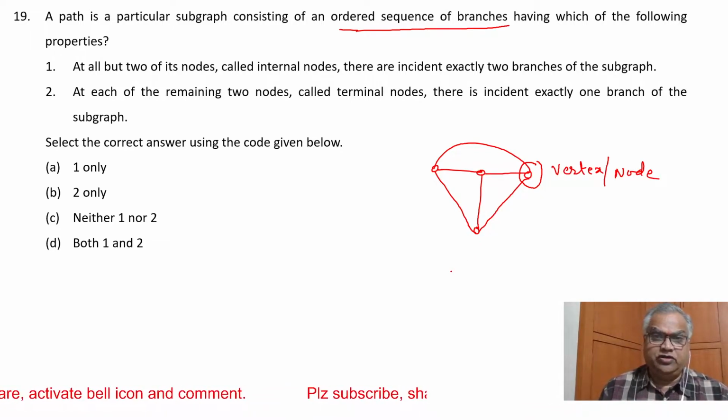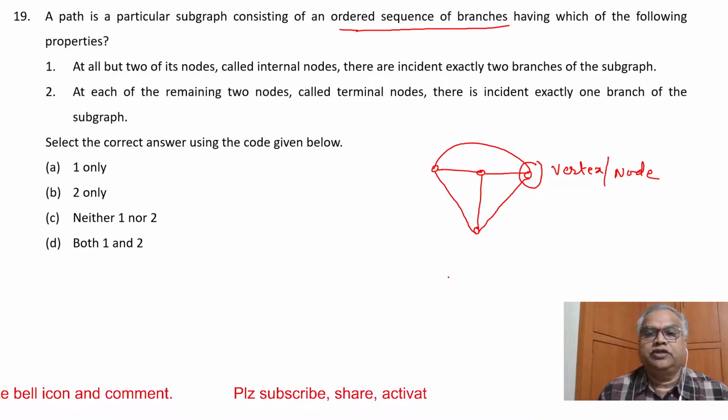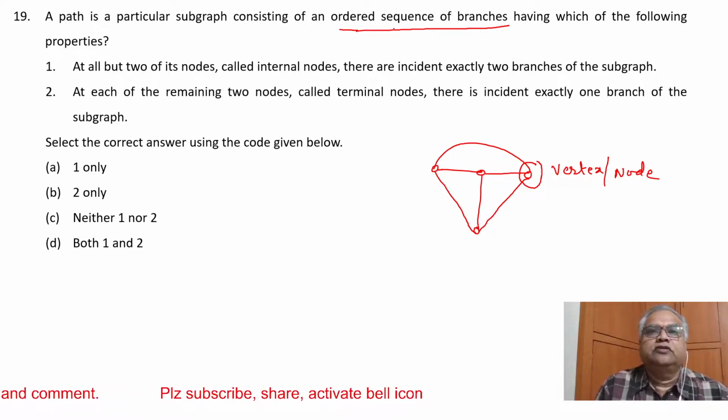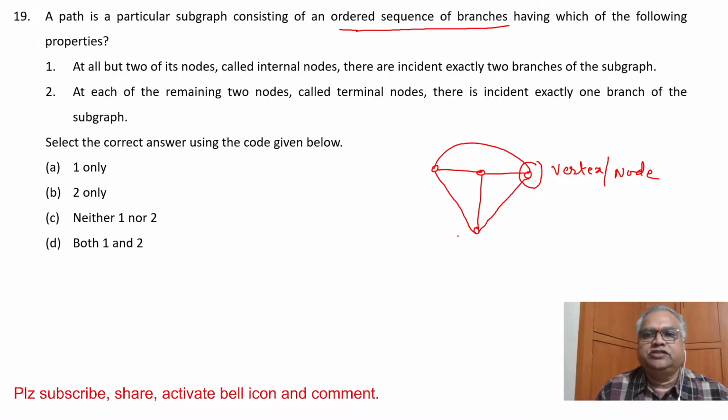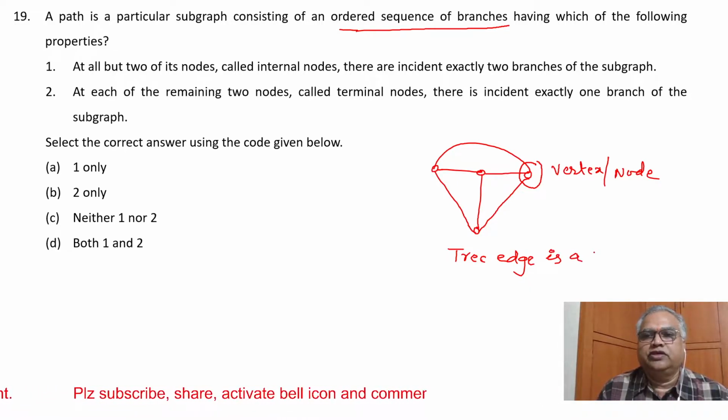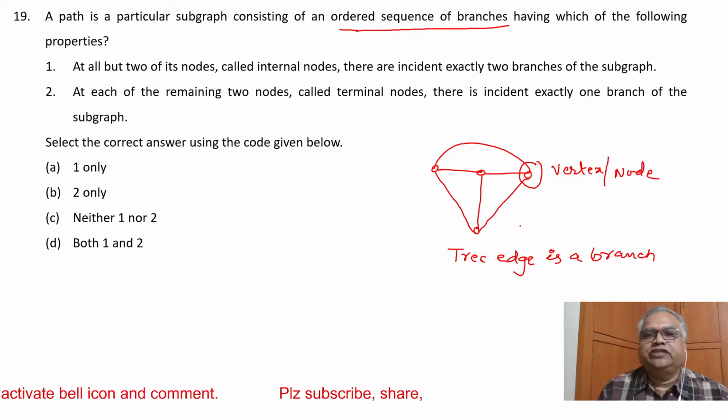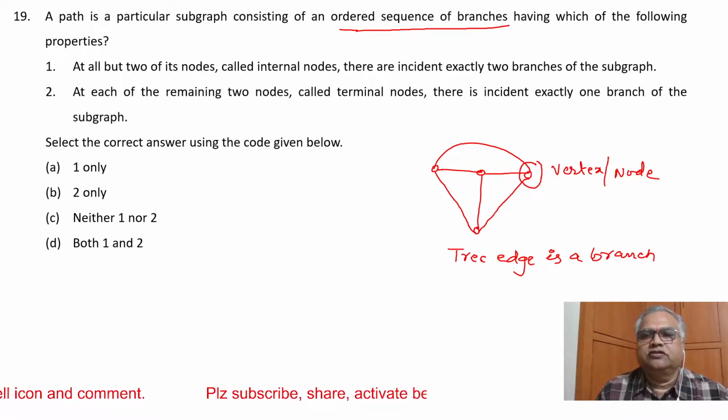Now if we draw the tree, we can draw so many ways, but it is asking for an ordered sequence of branches. A tree edge is a branch. What is meant by edge? All are the edges. In a tree, edge is a branch.